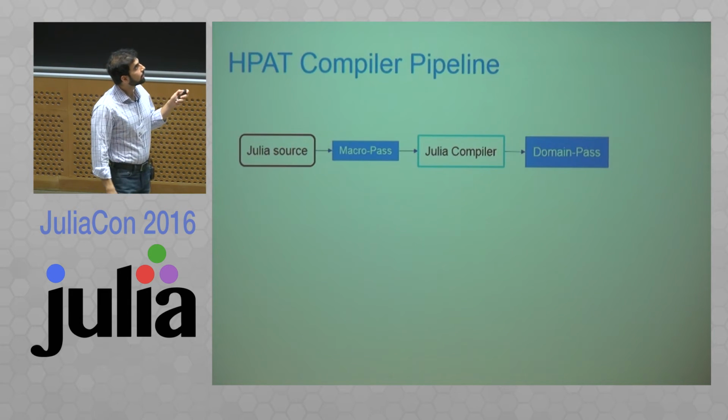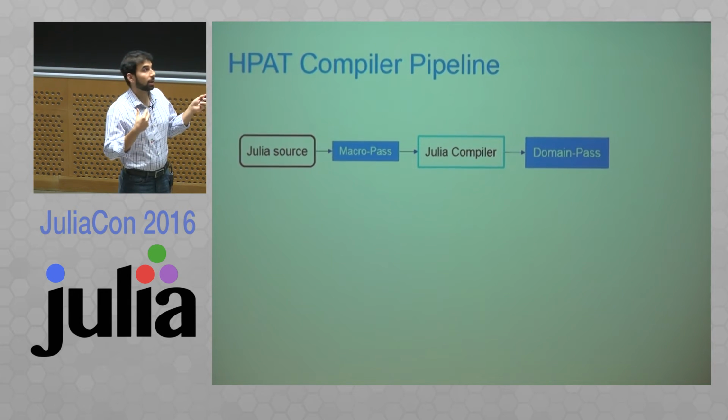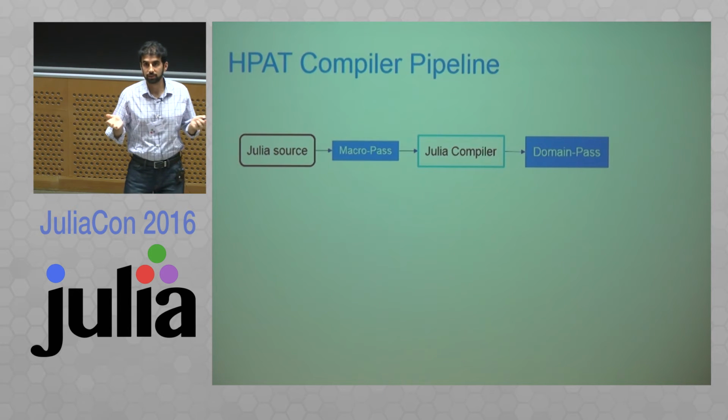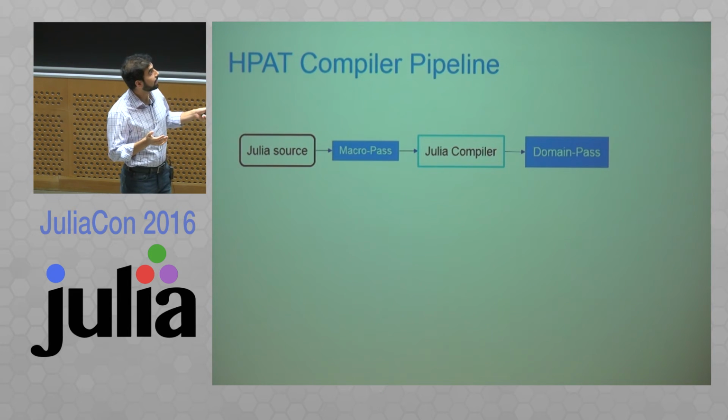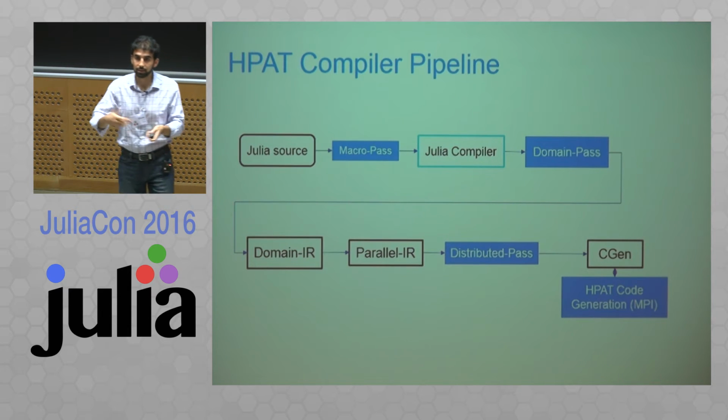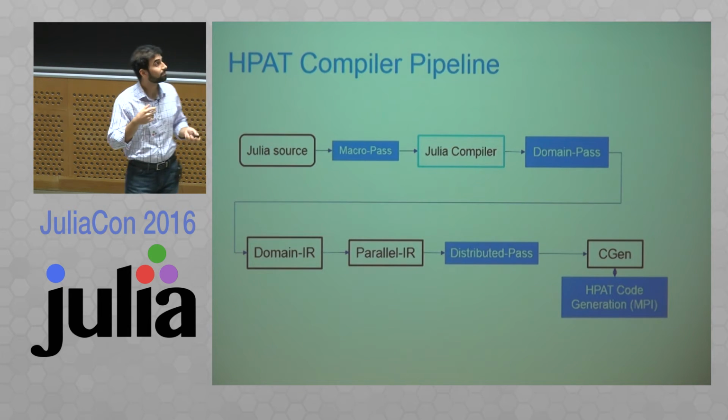So the compiler has a pipeline like this. At first, you have this Julia source code. It goes through some macro passes to desugar whatever is there, like data sources. Then Julia compiles and gets this AST out, with code typed in the standard way. Then it goes through some domain passes, which prepare the AST for ParallelAccelerator. ParallelAccelerator has this Domain IR and Parallel IR passes, which essentially extract parallelism from the code and do some optimizations.